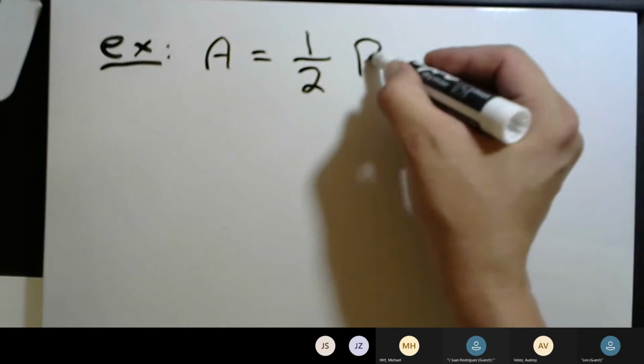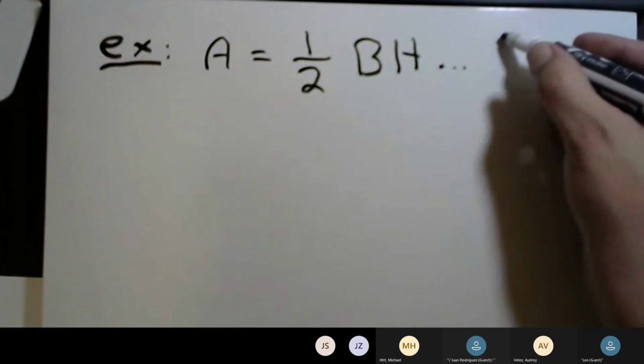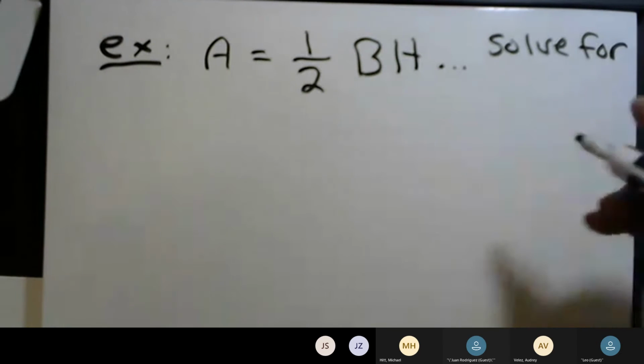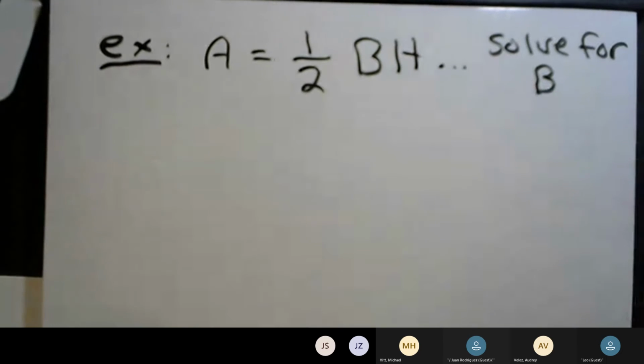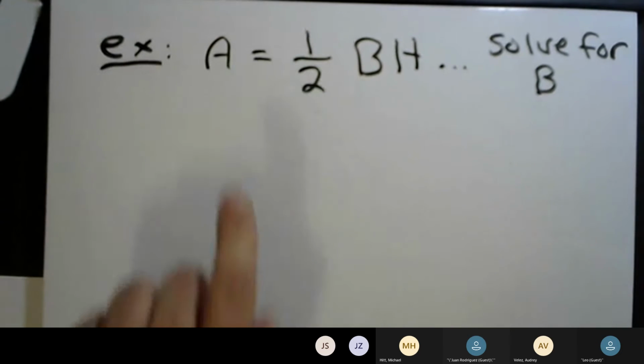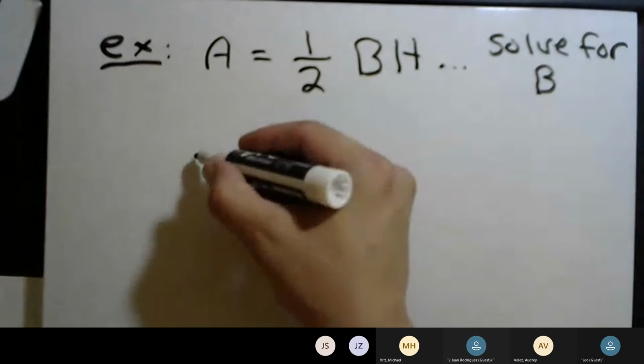Now, if you're not sure about this method, what you can do is always just divide. So if we're multiplying by 1/2, we can always divide by 1/2. That will work, and we divide 1/2 on both sides. But I'm going to use the reciprocal trick.